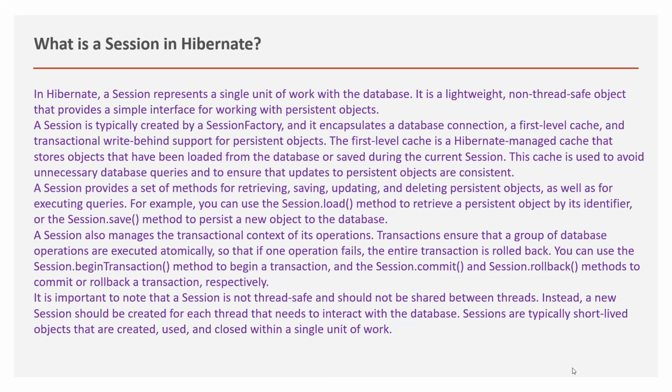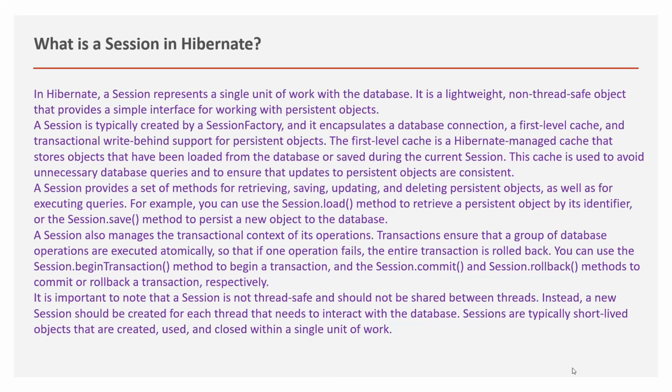The first level cache is a Hibernate managed cache that stores objects that have been loaded from the database or saved during the current session. This cache is used to avoid unnecessary database queries and to ensure that the updates to the persistent objects are consistent.